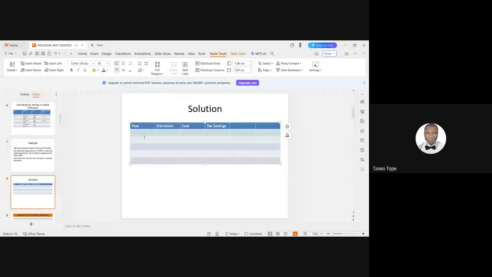25% signifies how many years, even though the number of years is not given. 25% means 4 years. So it's not every time they will give you the number of years. Why 4 years? 100 divided by 25.